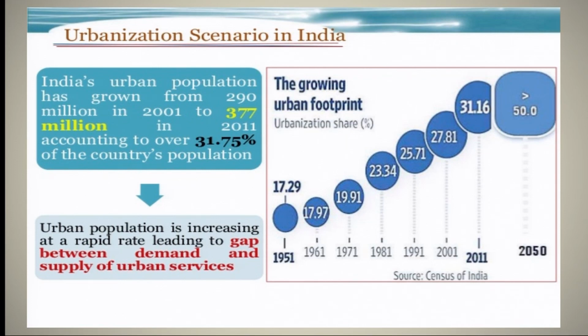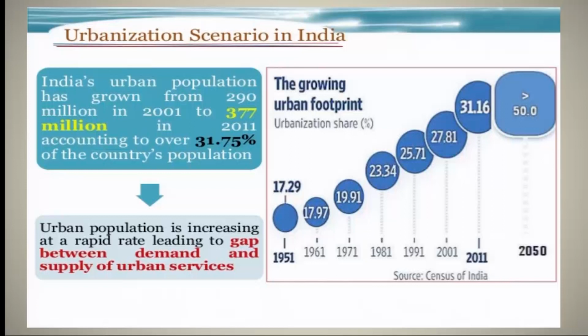If you see the graph, the urban population is increasing at a very rapid rate, leading to a gap between demand and supply of urban services. As the population increases, they create a demand and there is no supply for the population. This is a basic trend which we find due to urbanization.